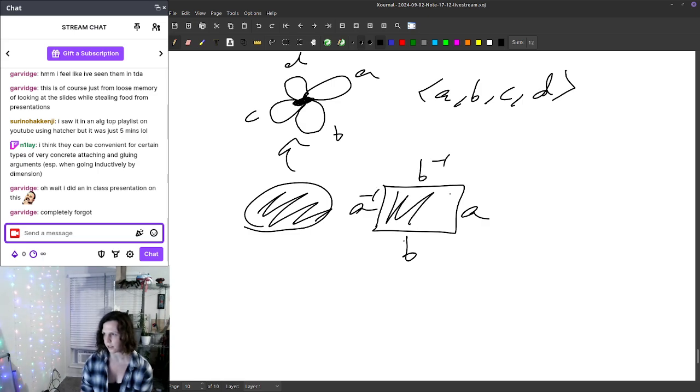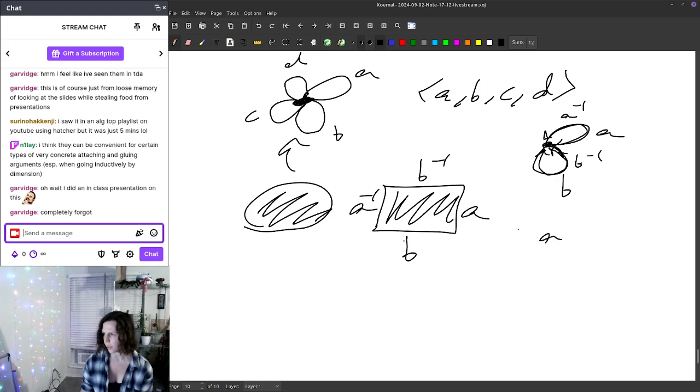And I make that a cell, then that'll mean that the path that starts at the origin and goes to A and then goes to B and then goes back the other way around A and then goes back the other way around B, that'll actually be the identity.